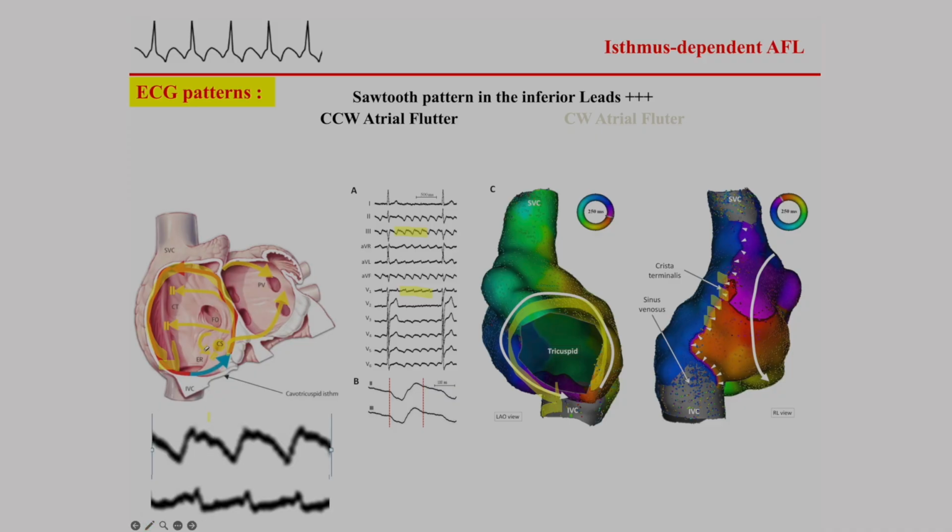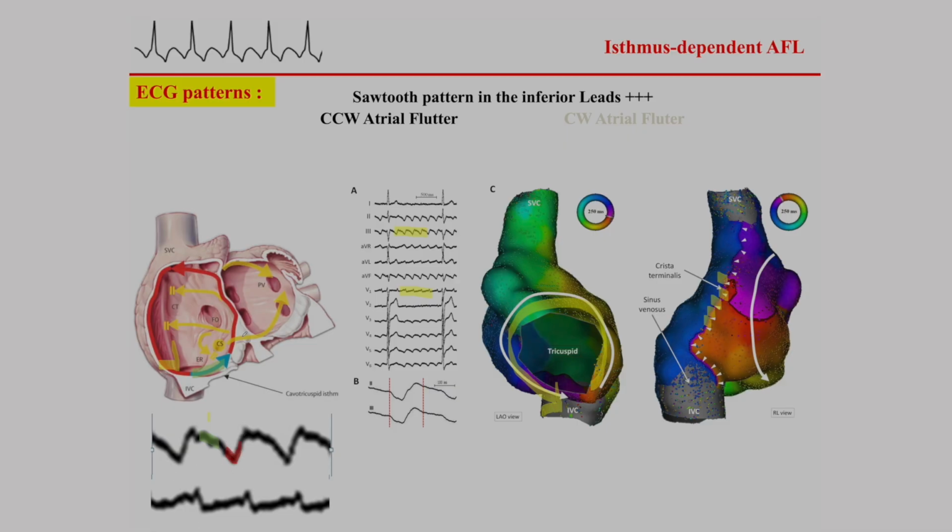This correlates with the conduction time in the cavo-tricuspid isthmus. And just after, we have this sharp negative deflection that correlates with the wavefront's penetration of the septum, with ascending depolarization of the septum and the anterior walls.